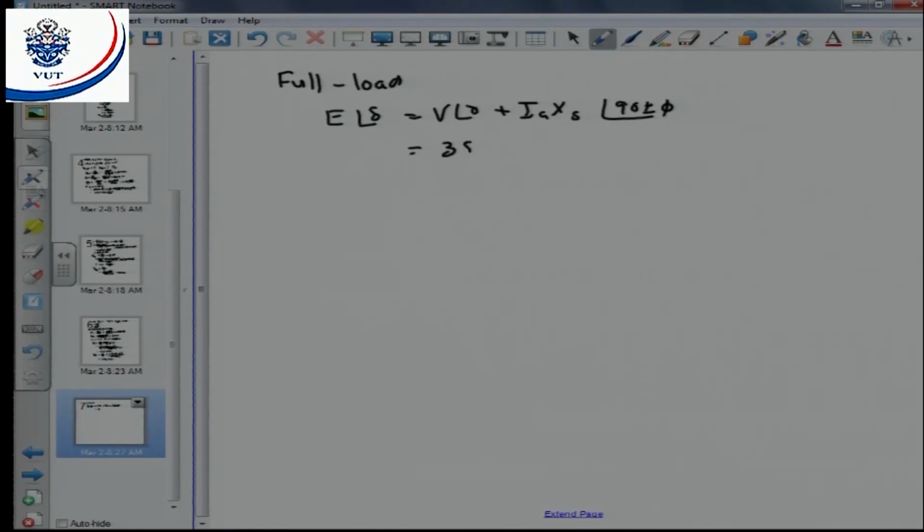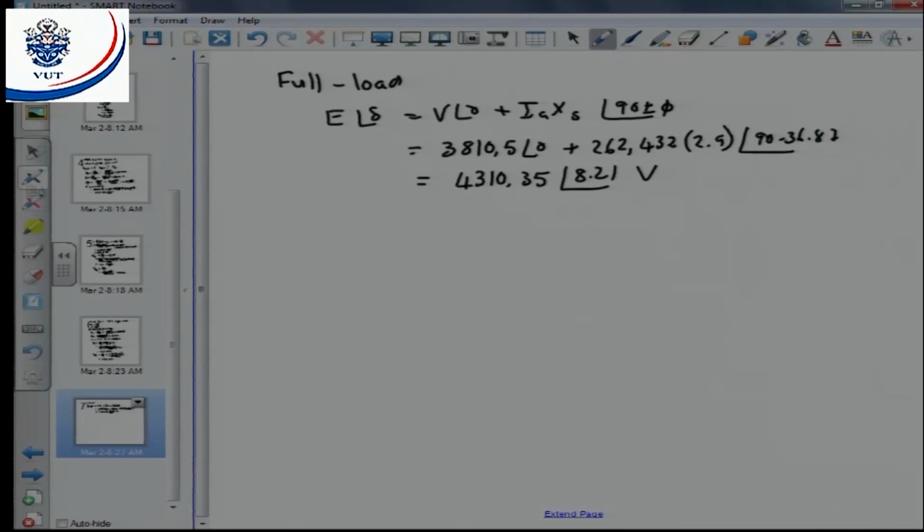So that's 3810.5 at an angle of 0 plus 262.432 times 2.9 angle of 90 minus 36.87, gives us a value of 4,310.35 at an angle of 8.21 volts.